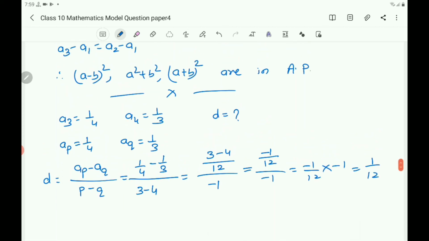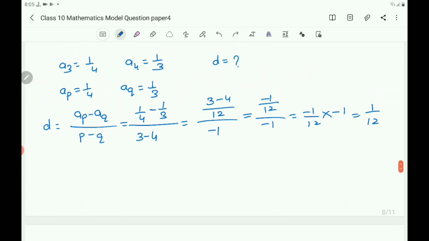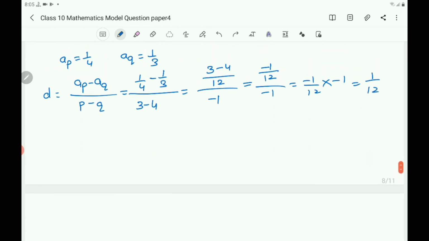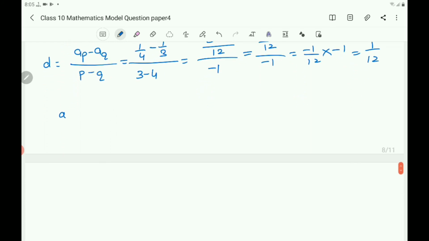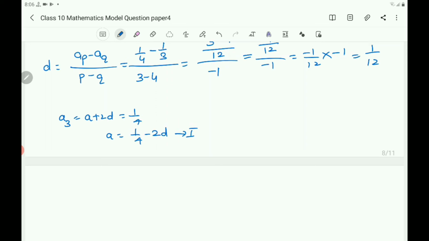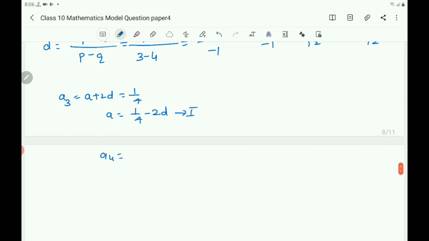So you got D value is 1 by 12. Or second method you can use. If you know this formula, then only you can use this formula. Otherwise you can use one more method, that you write A, what is given here? A3 equals A plus 2D equals 1 by 4. So you write it as A equals 1 by 4 minus 2D. Consider this is first. And the second, A4 is given. A4 equals A plus 3D.